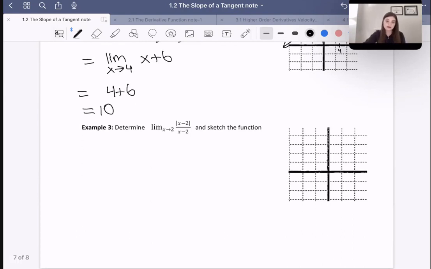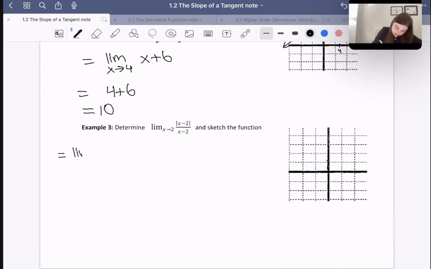Now, what about this example here? We have determine the limit as x approaches 2 of this function. Well, remember that an absolute value is really just a piecewise function, that states that there are two possibilities here.